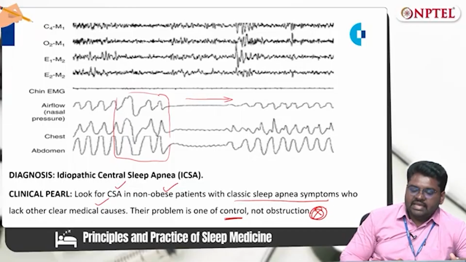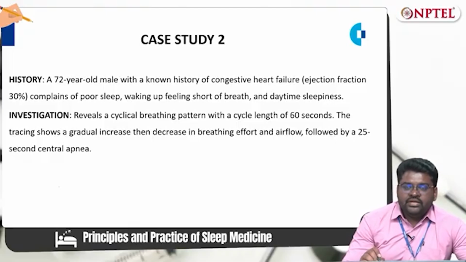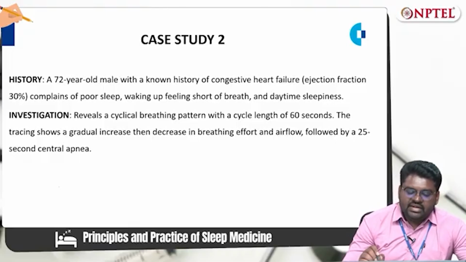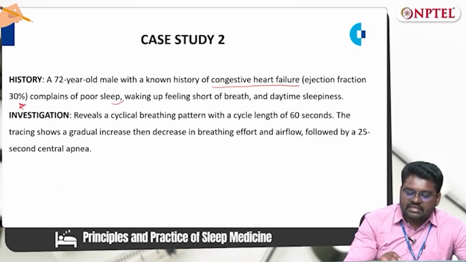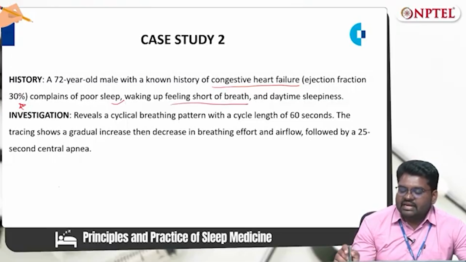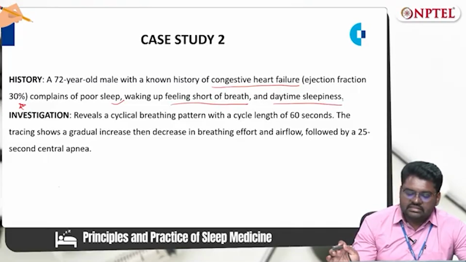Moving to the next case. Now we are going to case study 2. A 72-year-old male with a history of congestive heart failure. The ejection fraction is 30%. He complains of poor sleep, waking up feeling short of breath, and daytime sleepiness.